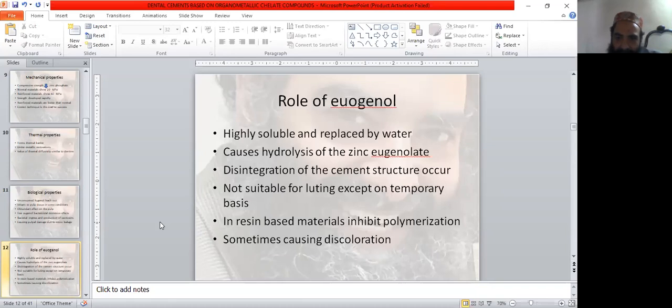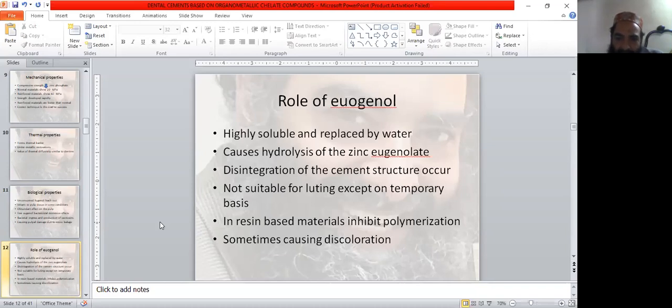And as eugenol is highly soluble, it causes hydrolysis of the zinc eugenolate and disintegration of the cement structure occurs. If zinc eugenolate is not there, it is hydrolyzed, so disintegration is there.